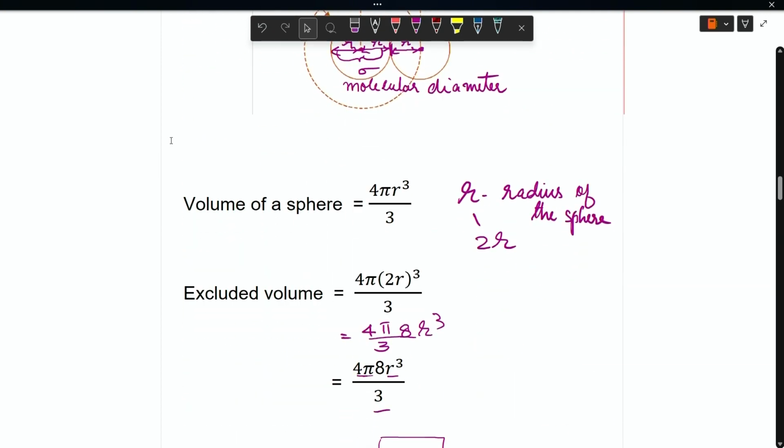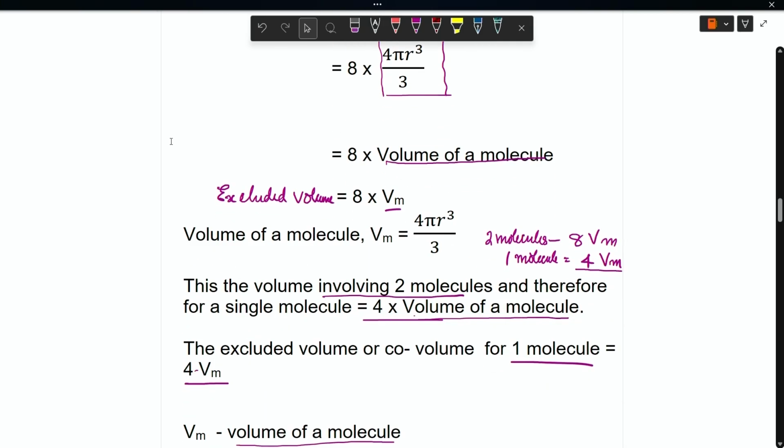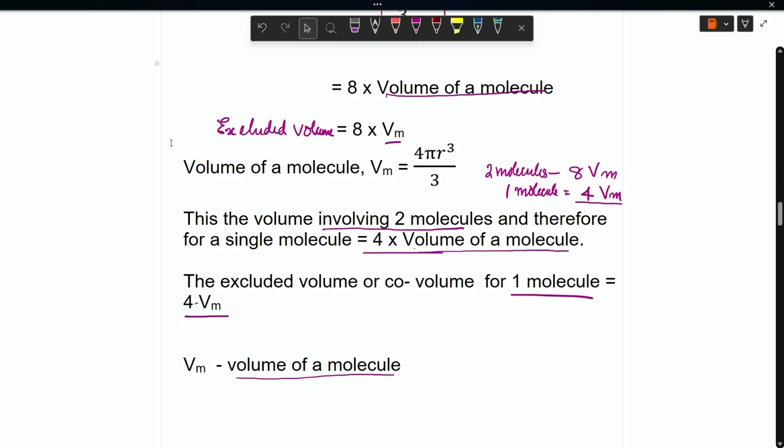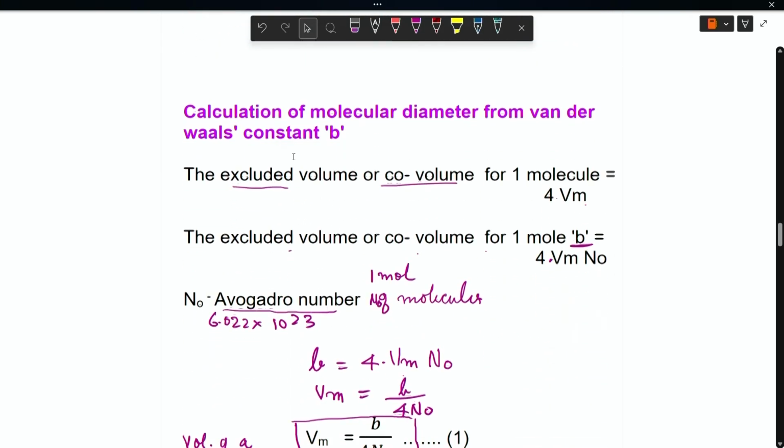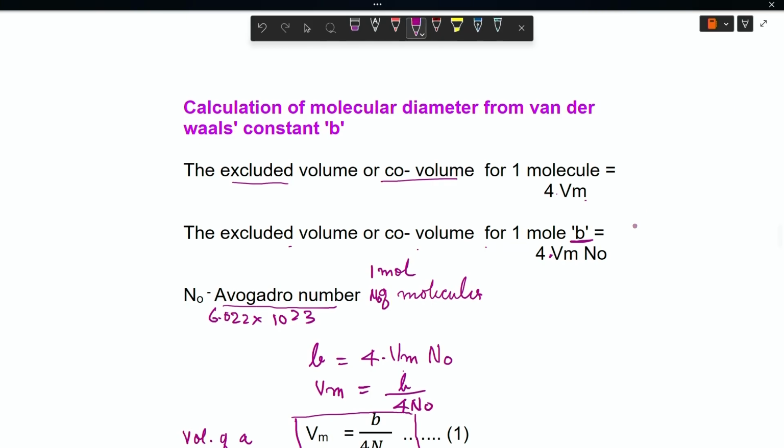By taking the volume of a sphere, for 1 molecule, we have found it as 4 into Vm. Actually we get it for 2 molecules, half of that gives you for a single molecule, and converting that to 1 mole will give you the co-volume, which we represent as B in the van der Waals equation.